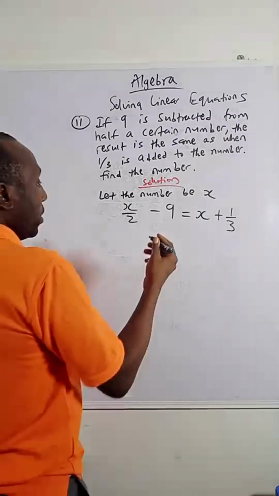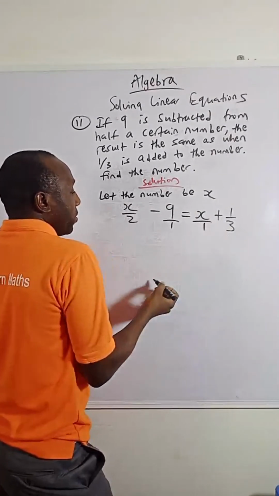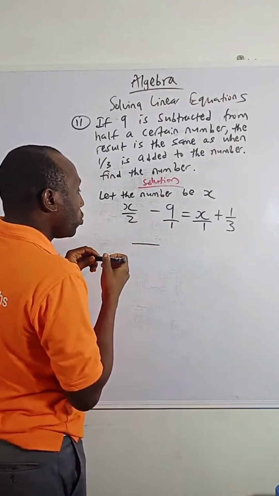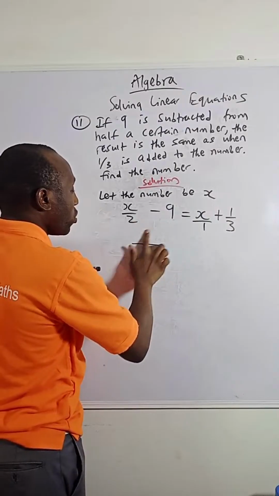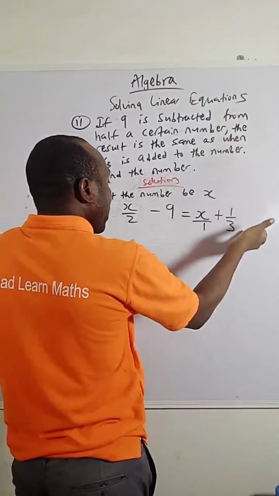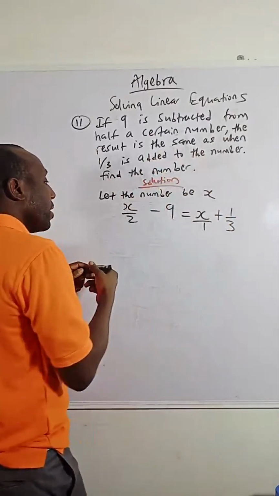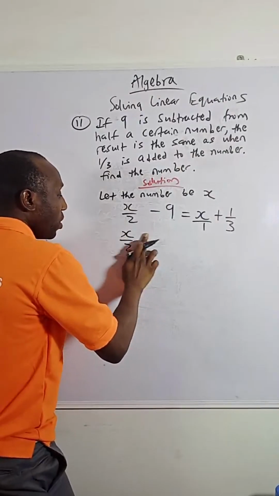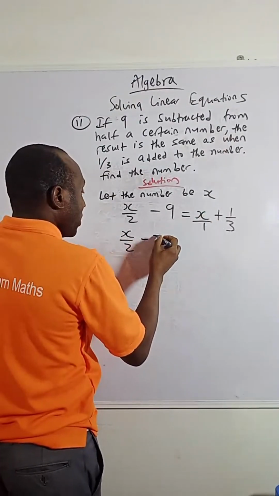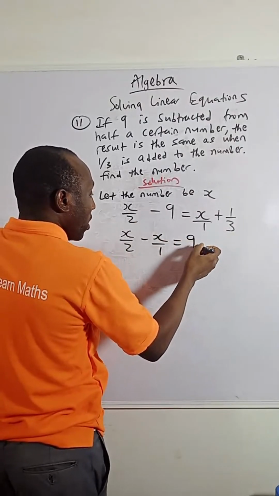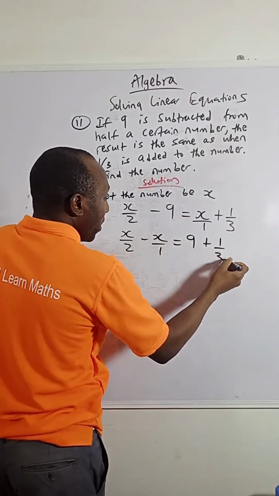Now, let's put over 1 here and over 1 here. The LCM of 2 and 1 is 2. Or what I would do is collect like terms from here. I'll move minus 9 to the right-hand side and X over 1 to the left-hand side. So you have X over 2 minus X, and minus 9 crosses over to become plus 9.